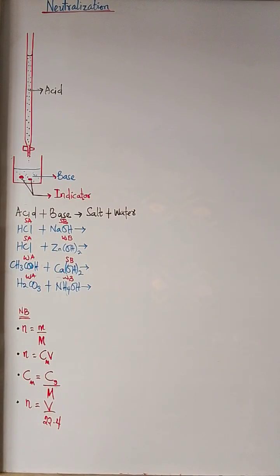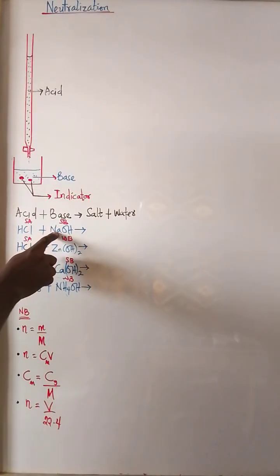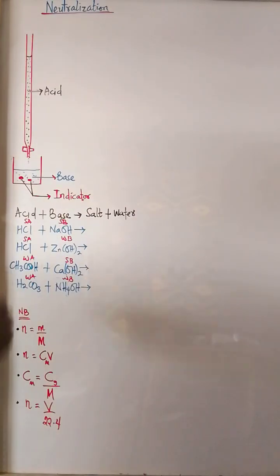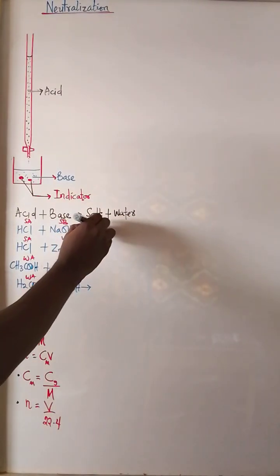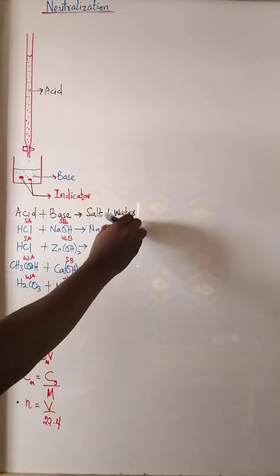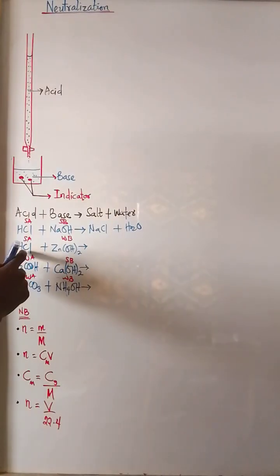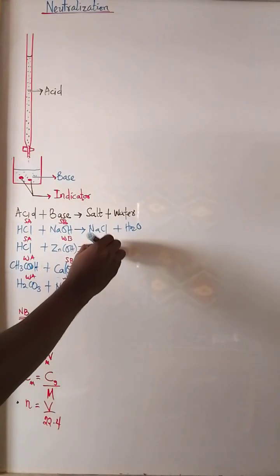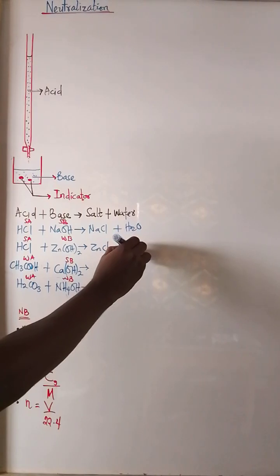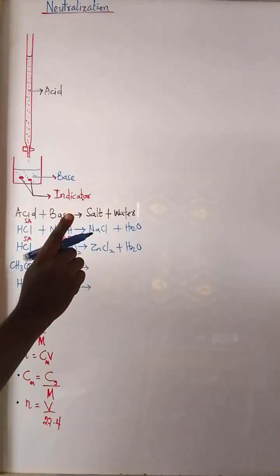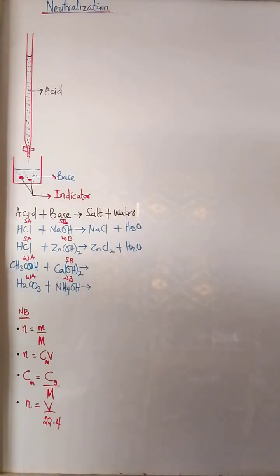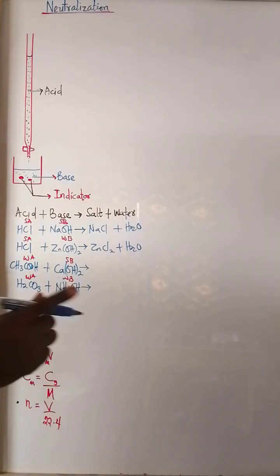Now let's write the products for each. In this case, sodium is the cation here, chlorine is the anion here. So we are going to form sodium chloride plus water. Here, zinc with chlorine, that will be zinc chloride plus water. Why do we have two here? We've done that already when we did introduction to chemistry, the second or third lesson.